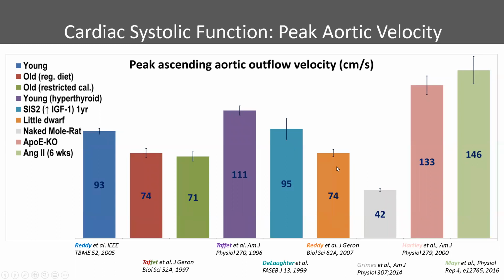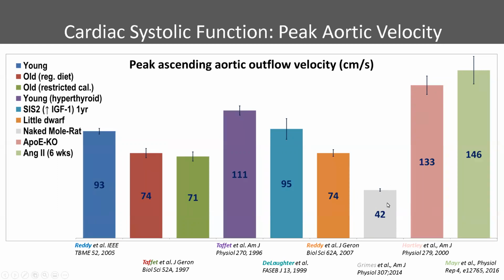This is a little dwarf mouse. The interesting thing about the dwarf mice is they live longer than their wild type counterparts. They're smaller in weight, and they have diminished systolic function or aortic outflow, even at a very young age, but this is maintained throughout their lifespan.